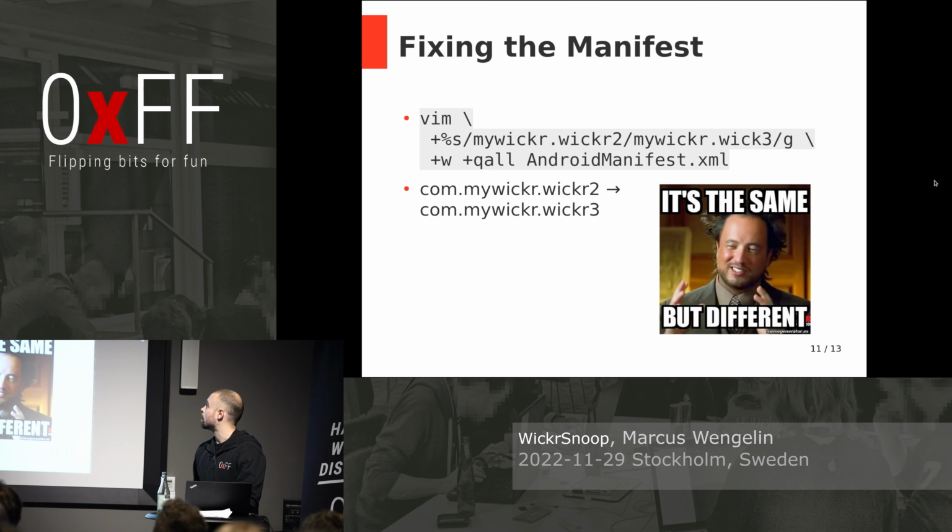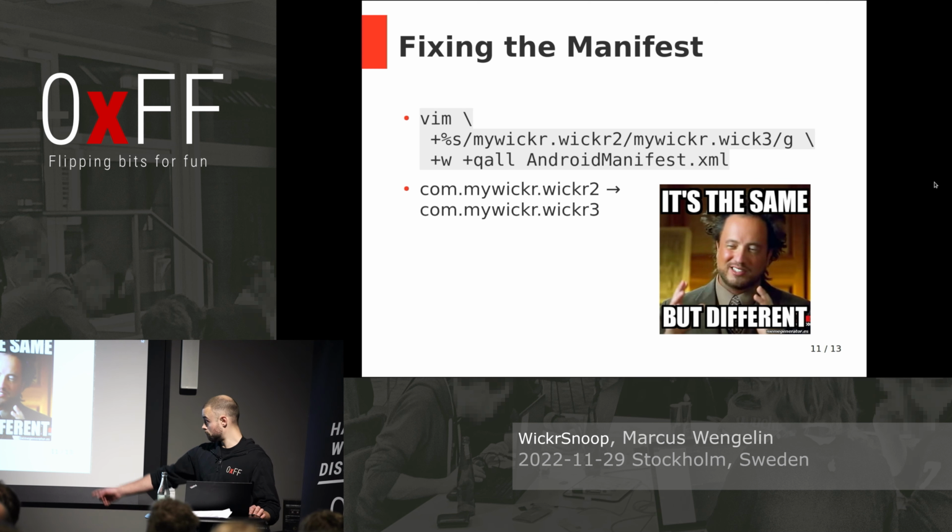Now, I had some problems with installing this APK on my Android device, because the application is self-signed, and I already had the legitimate Wickr version installed. I tried to uninstall it, but it didn't work. It seems the issue is the package name. It's a field in the Android manifest, and it's basically just a unique identifier for the application.